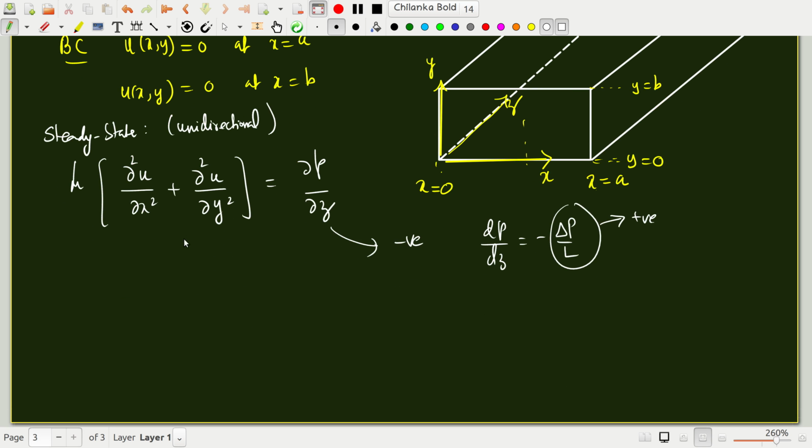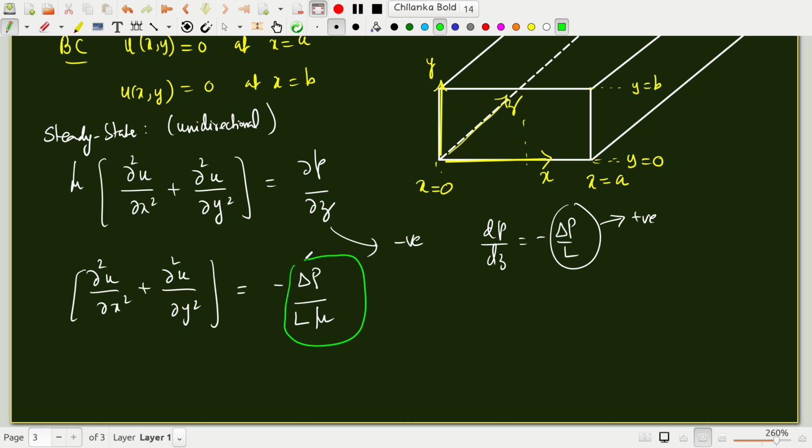Now let me rewrite this: partial squared u by partial x squared plus partial squared u by partial y squared is equal to minus delta p by L mu, and I'm going to call this combination alpha.